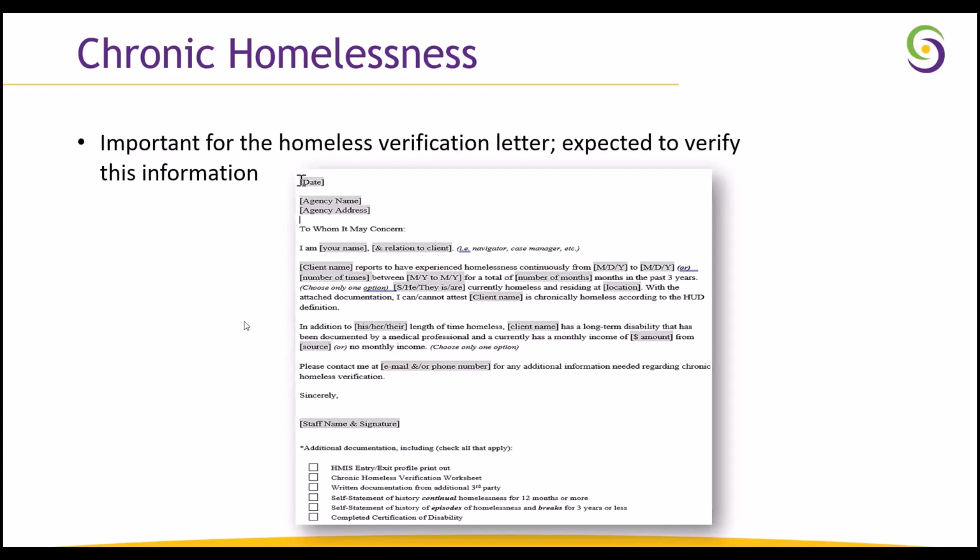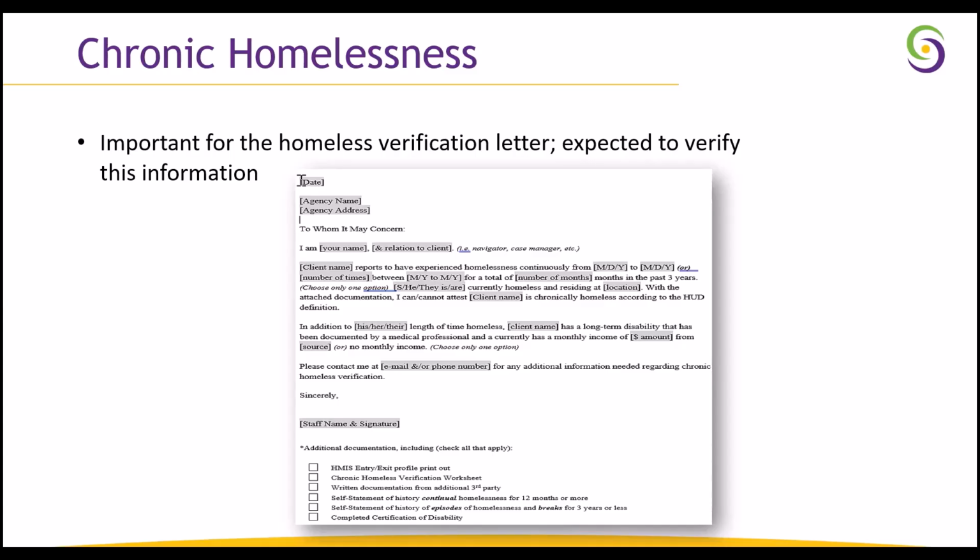So here we have an example of a homeless verification letter. This example is important because this shows how those client prior residence questions and taking the time with the client to determine their chronicity affects coordinating housing for the client.